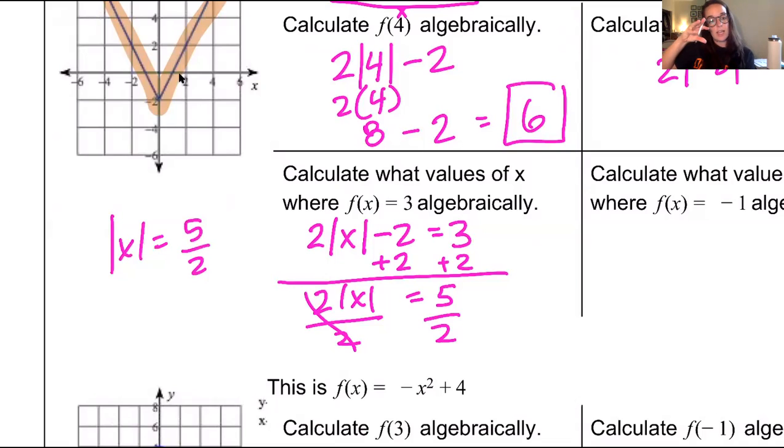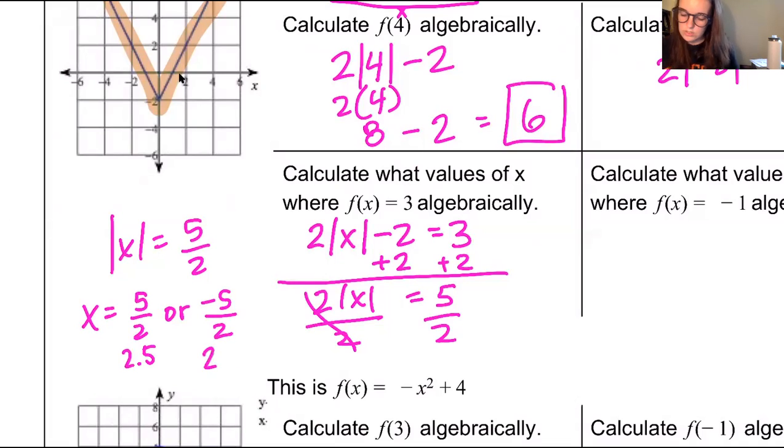And remember, what's inside could be positive or it could be negative. It's always going to equal that positive 5/2. So I'd have x equals positive 5/2 or negative 5/2, which is like 2.5, right? 5 divided by 2, 2.5. So we're saying x is 2.5 or negative 2.5, and y is 3.